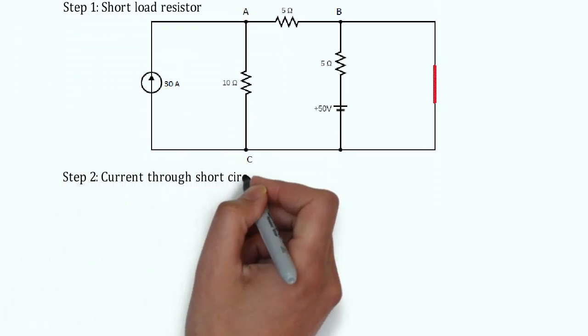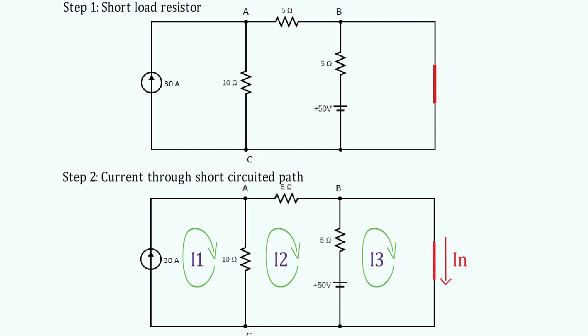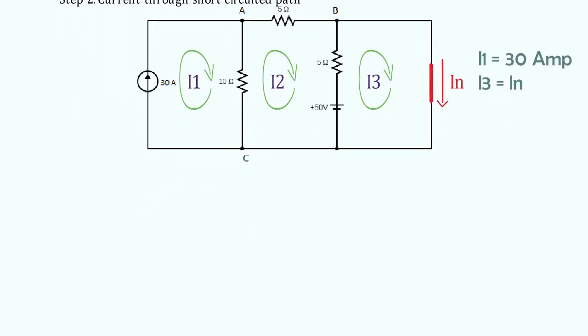Now, our main task is to find the current through the short-circuited path. Here, we are assuming currents I1, I2 and I3 are flowing through loops 1, 2 and 3 respectively. Friends, here 30 ampere current is flowing in loop 1, so I1 will become 30 ampere. Similarly, current I3 is equal to Norton's current.